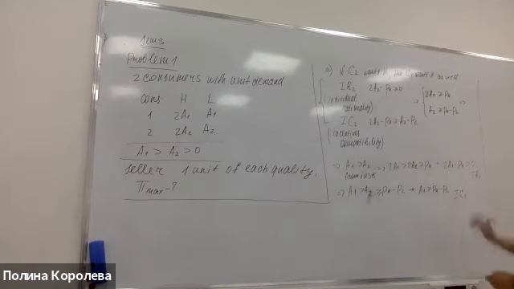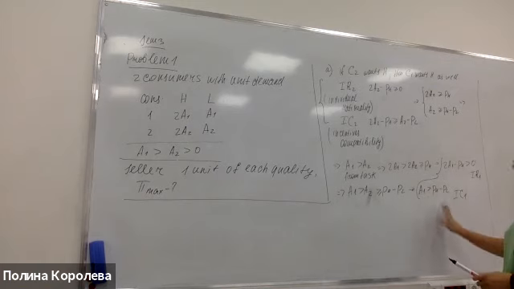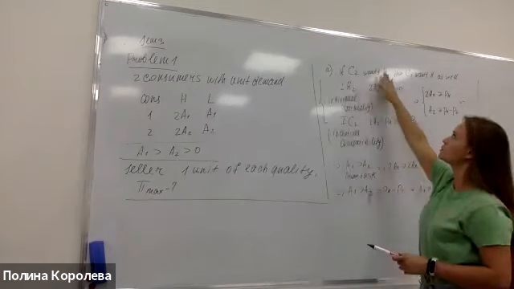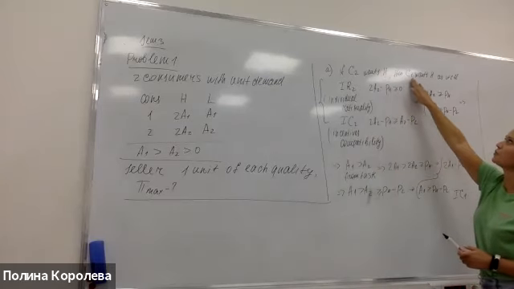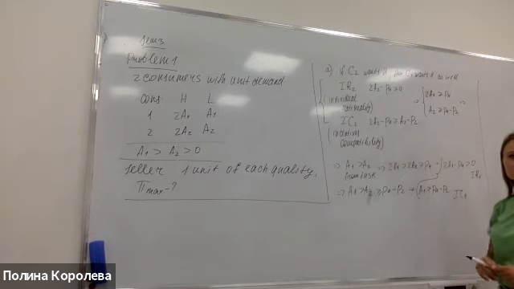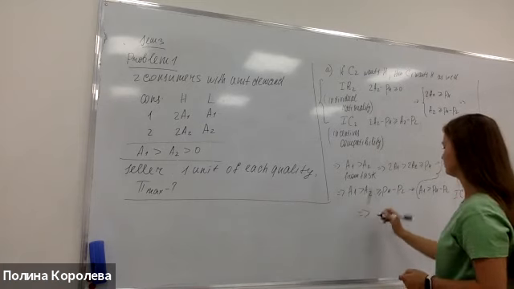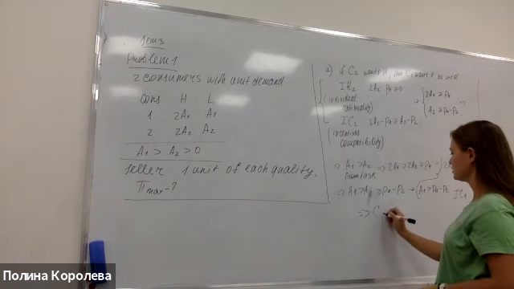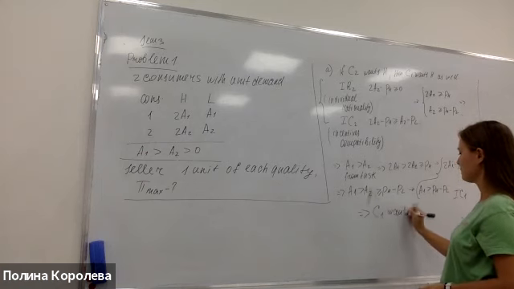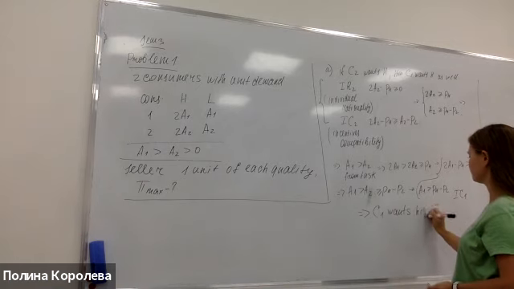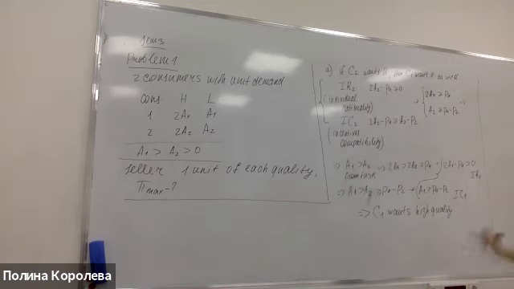You see? So what conclusion can we make? We can say that when the second consumer wants to buy the high quality good, then the first consumer wants to buy the high quality good as well. We proved it. So let's write down the conclusion. C1 wants high quality. End of.